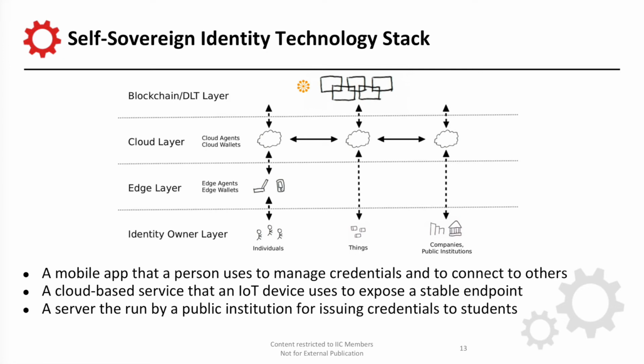You also need to use an agent, especially for people who cannot remember what a private key is; they will use their cell phone as an agent. You also have the cloud layer to provide the service, and the blockchain layer to register the decentralized identifier and also to access it. I gave a few examples here. I won't go into more details.